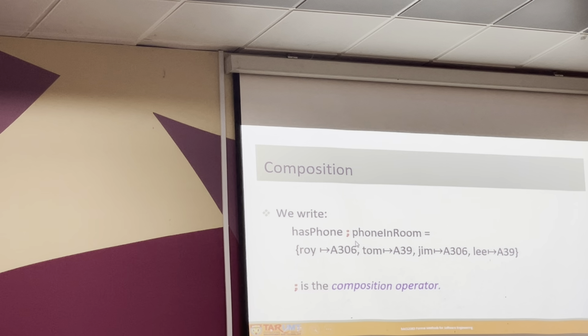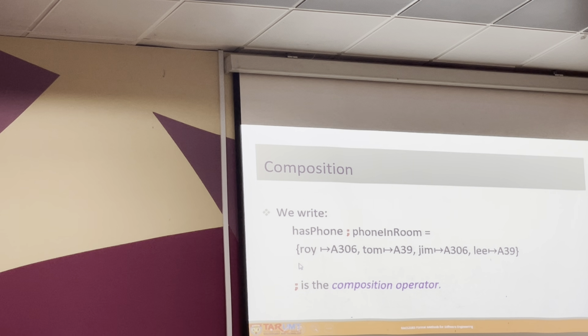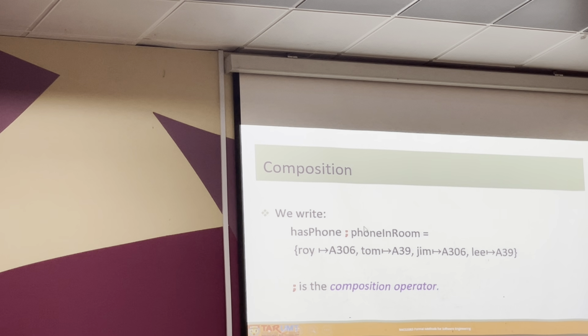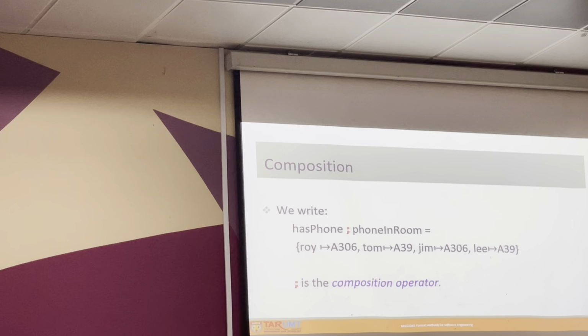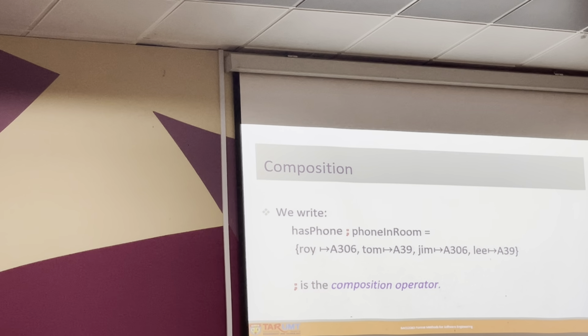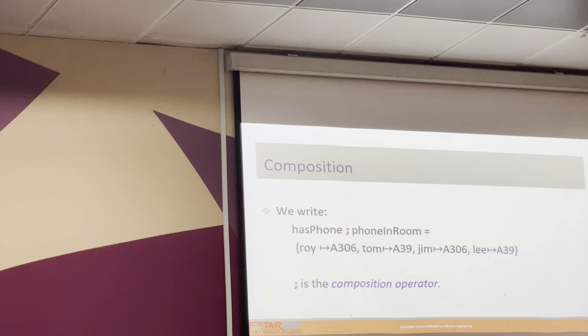Then you can do composition. So the result will be the domain from has phone linked to the range in phone in room here. This is the domain of has phone, this is the range of phone in room. So you can show the relationship if you want. This is what we call composition.